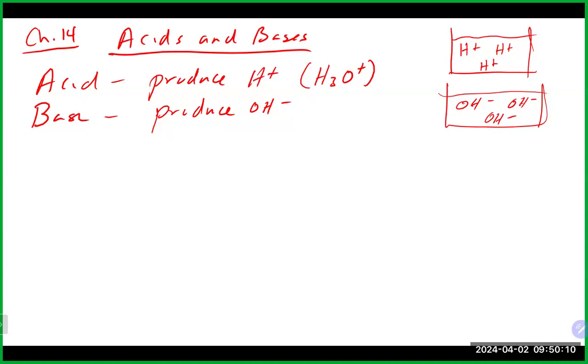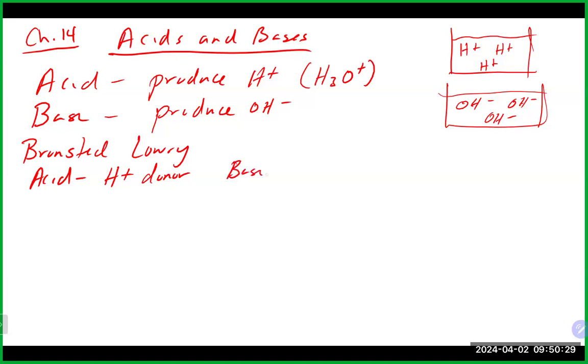A more general definition of acids and bases is the Bronsted-Lowry definition. A Bronsted acid is a proton donor, so that will be something that will give away, obviously, a proton, while a Bronsted-Lowry base is a proton acceptor, and that is something that will accept an H plus.